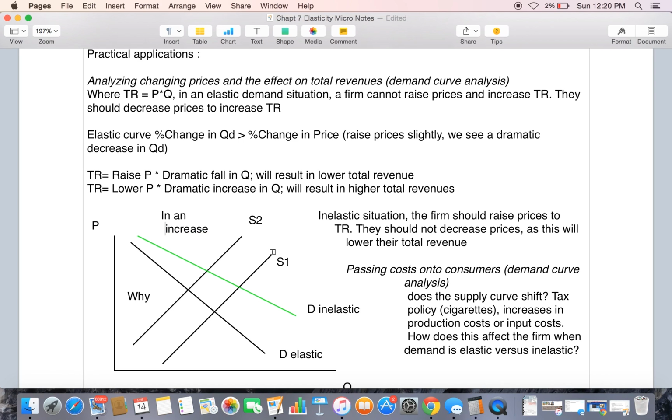Increasing prices will actually lead to higher total revenues for a firm that is in an inelastic demand situation. Likewise, if they decrease prices, this will actually lower their total revenues.